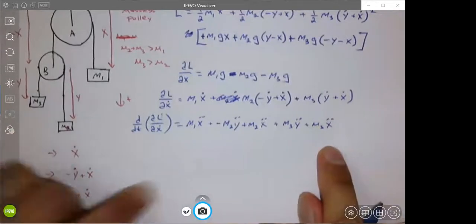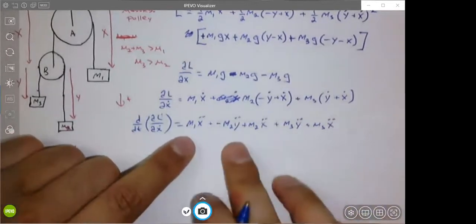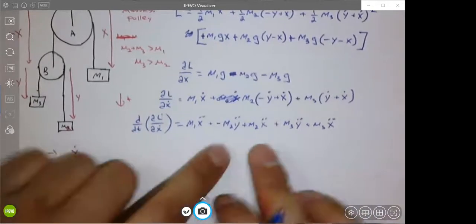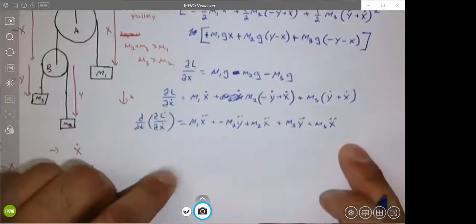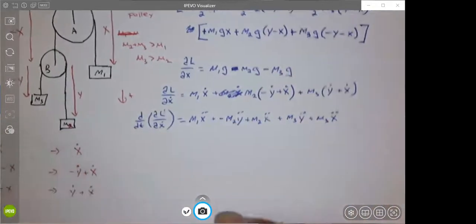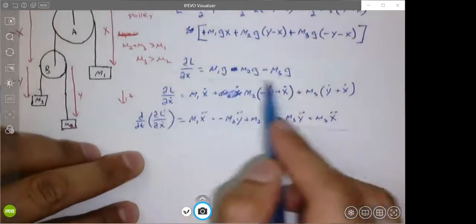So there's that. And now what is something we can do? We can clean up the x's and bring them to one part, and then you can factor out the y's, bring them to one part. This equation right here has to equal this. That's the whole idea of Euler-Lagrange. So I'm going to set this equation equaling to this.